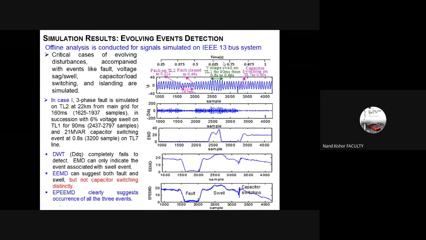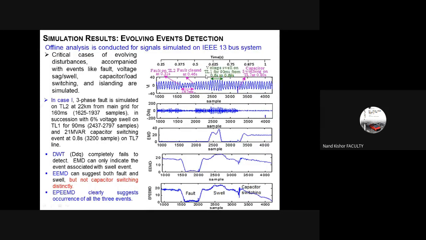You can see here that in a 13 bus network, at this instant of time, there is a fault at 0.31 second. The fault takes place here, remains, and is cleared here. So this is the time period of the fault occurrence, 147 milliseconds. Following a few cycles of the signal, let's say there is a voltage swell, and this is on another line.